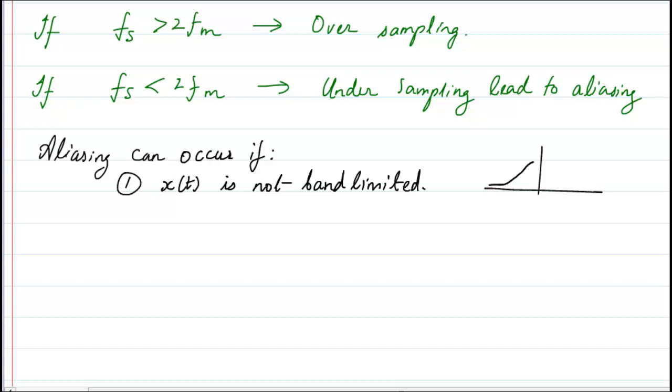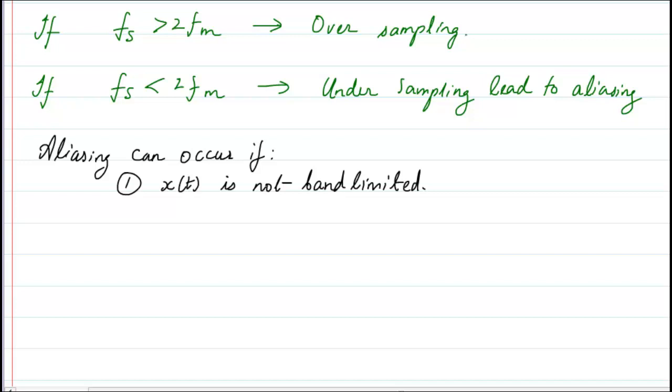It has small frequency components going on, so people take a filter and cut off this part, and forcefully band limit it to some maximum frequency. That kind of filter is called an anti-aliasing filter, which makes it a band limited signal. That is the first thing they do. You can write that x of t is not band limited. That is one of the reasons how aliasing can occur.